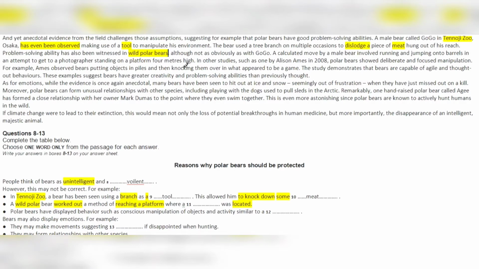Problem solving ability has also been witnessed in wild polar bears. Although not as obviously as with Gogo, a calculated move by a male bear involved running and jumping onto barrels. For example, Ames observed bears putting objects in piles.